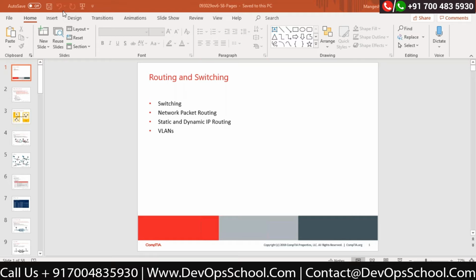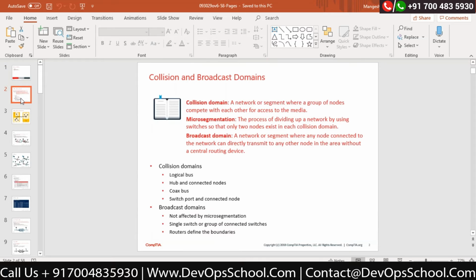Correct? Now, if you see switching and routing, these terms come with these two beautiful terms. Okay, the first term we need to understand is called collision domain.